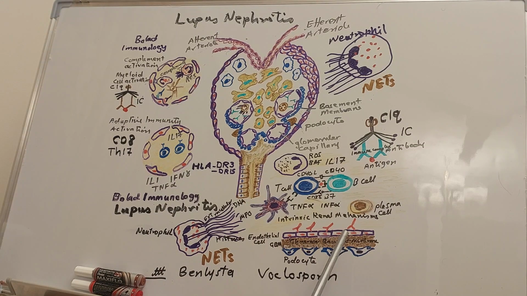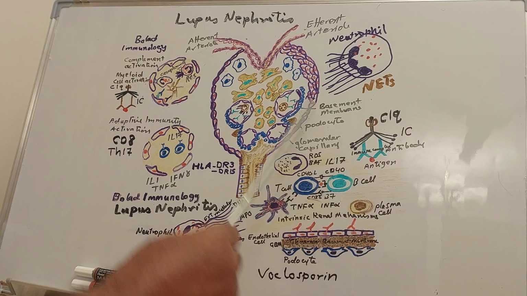Accordingly, due to the proliferation of cells here, the podocyte gets destructed, and this may lead to varying degrees of proteinuria.